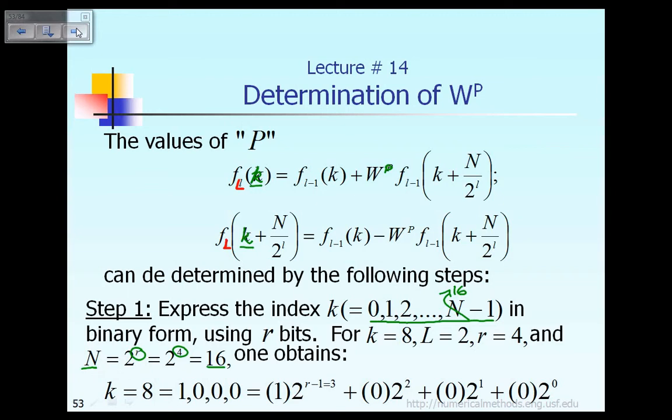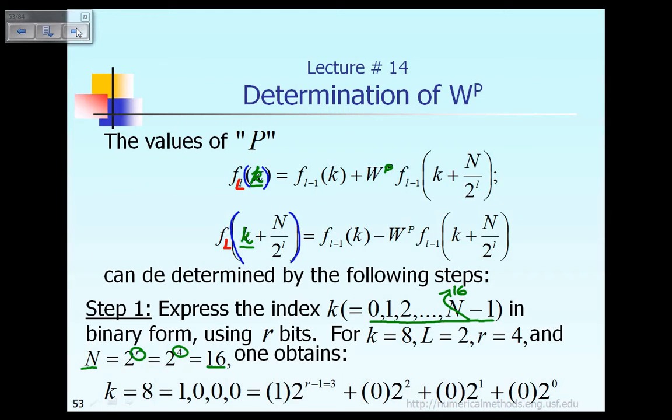Now, you also recall that I told you many times earlier, if you compute, let's say, the value of f sub L of k, node k always has a companion node, and the companion node of node k is given by the expression inside that parenthesis.